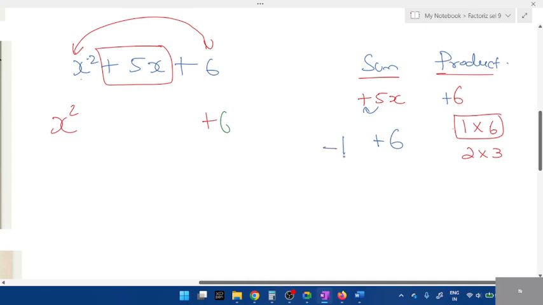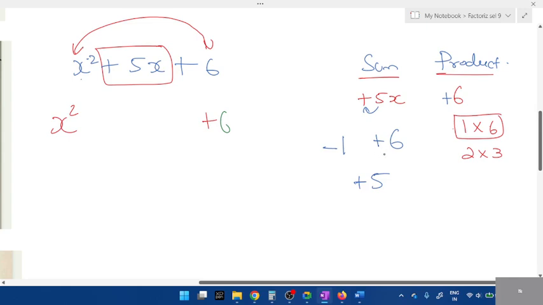If I put minus, what are we getting? Plus into minus is minus. So 6 minus 1 is 5. Is it plus 5 or minus 5? Plus 5.